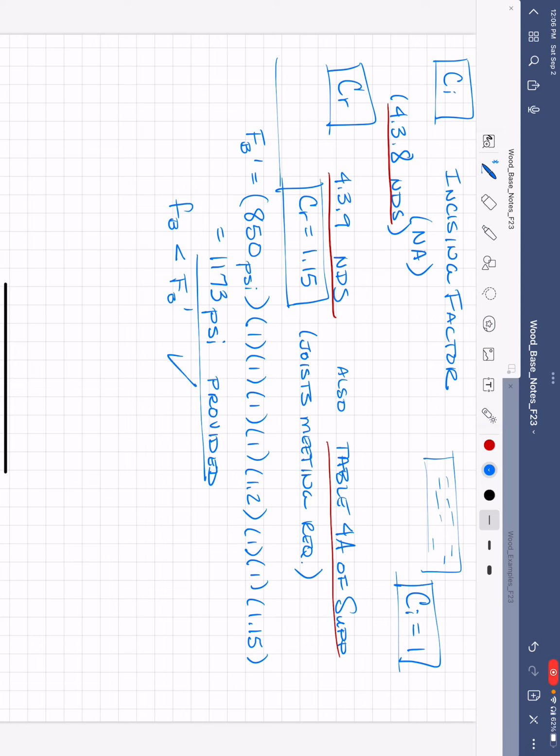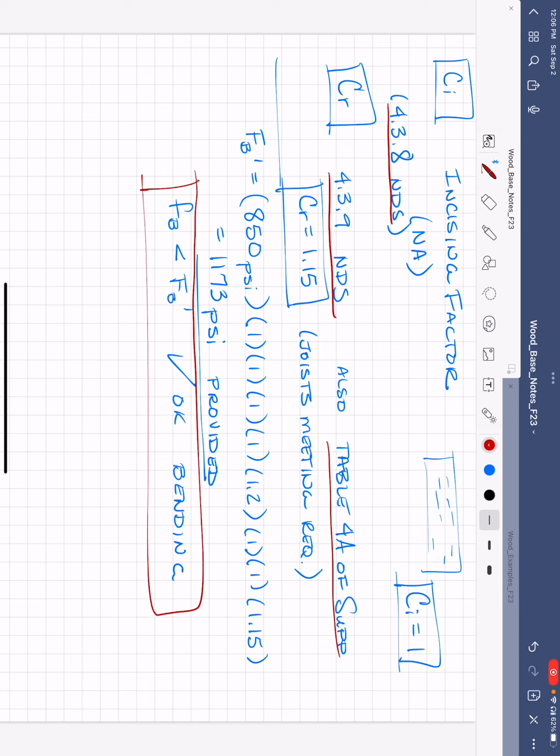So, okay, bending. All right, so we got to the end of that joist for bending. That was 810. It's less than 1173. We had plenty of extra capacity here. Okay, I'm going to stop with this one, and then we're going to move on to the next piece.